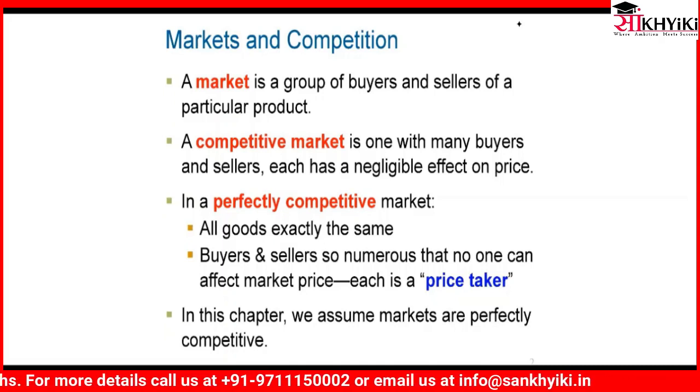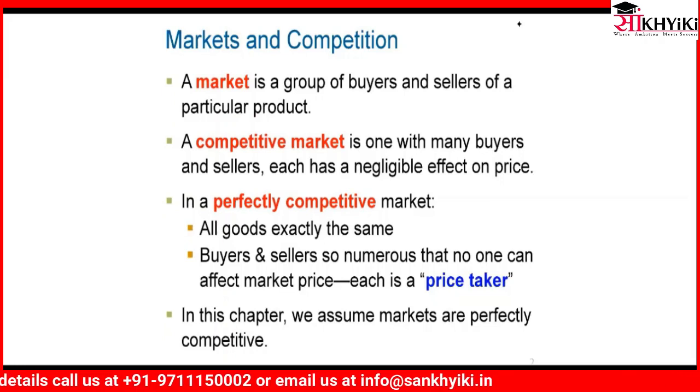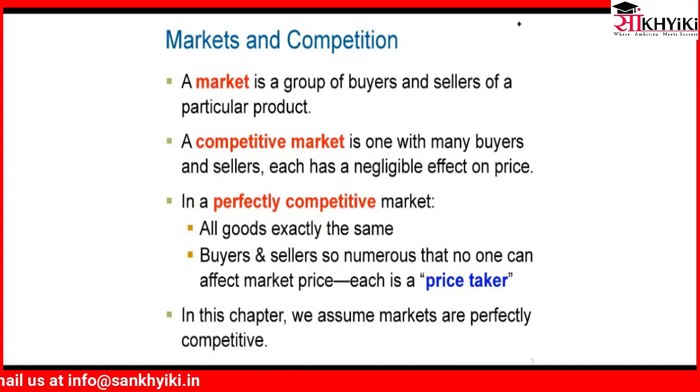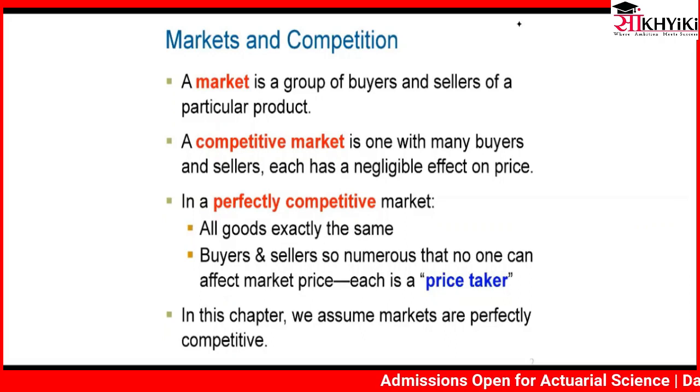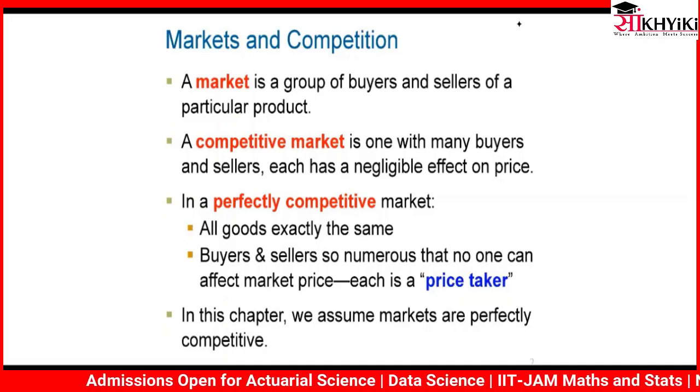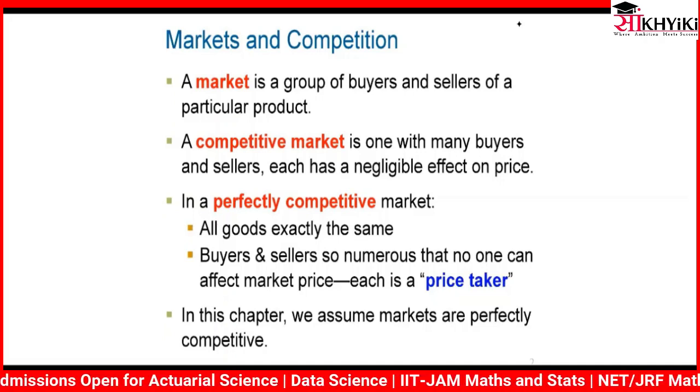So it's like you going to a vegetable market where there are so many fruit vendors and vegetable vendors selling the same product, all of them selling the same onions, all of them selling the same potatoes. Because there are so many of them selling potatoes to you and so many households buying potatoes, one particular seller cannot charge a price which is very different from the price that others are charging.